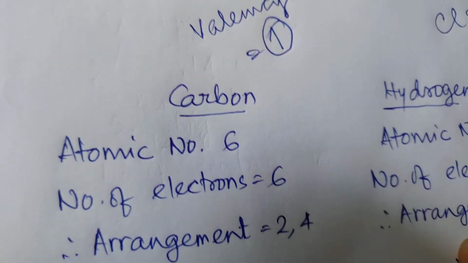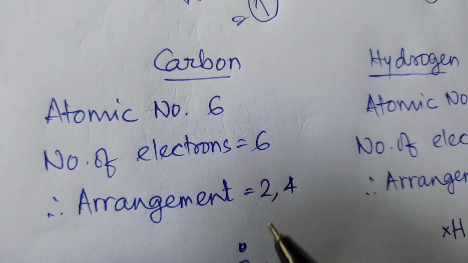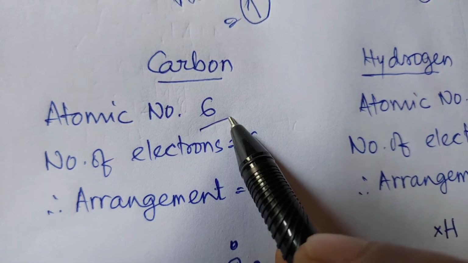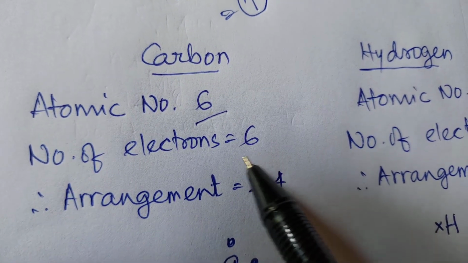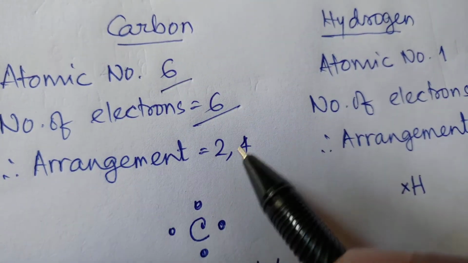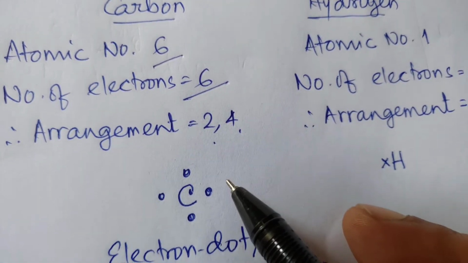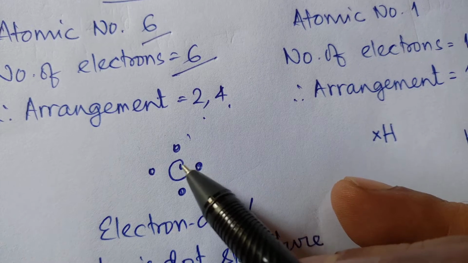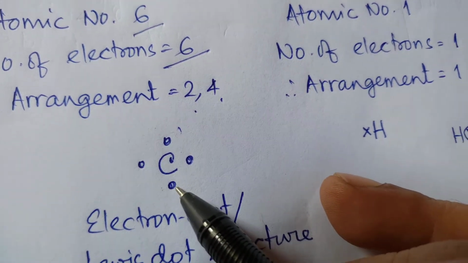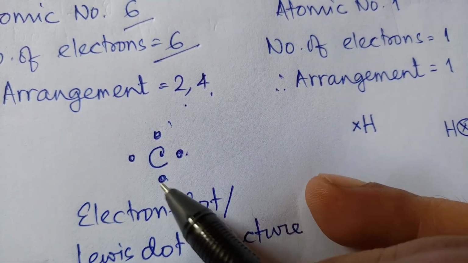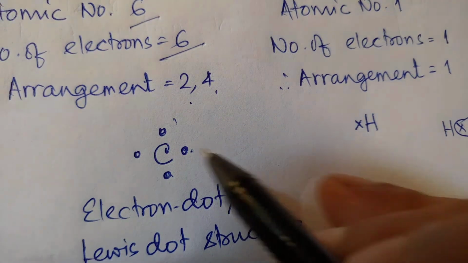Now what will happen if there are 4 electrons, like carbon, atomic number 6, number of electrons 6, so the arrangement will be 2, 4. This arrangement is represented by putting dots around the symbol of that element.